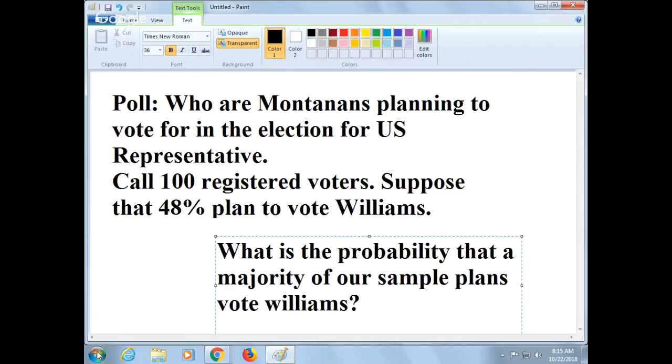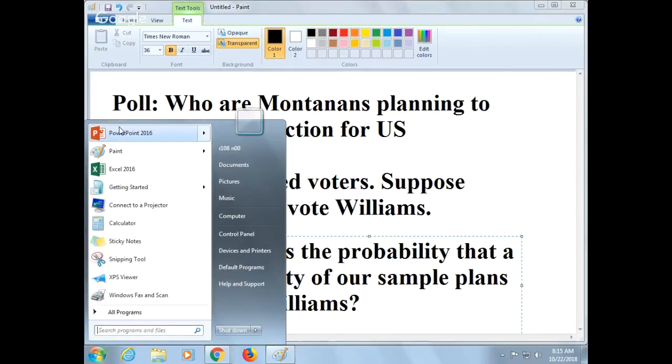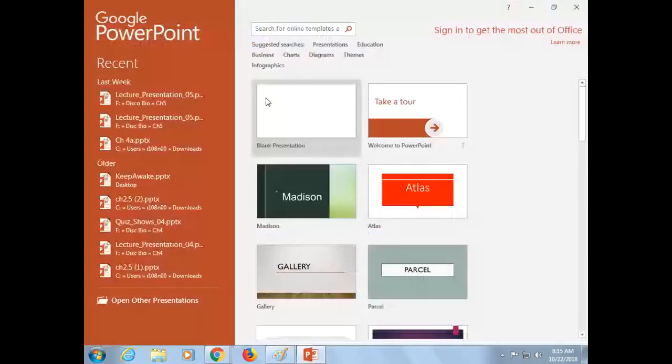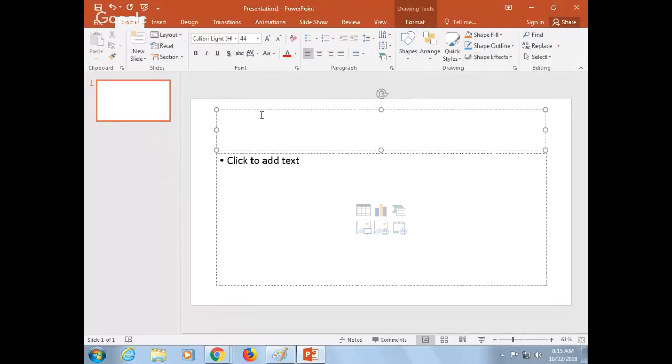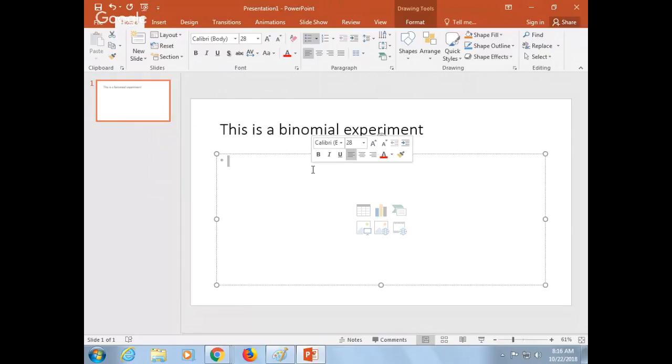Let's just get another thing up here to look at. So this is a binomial experiment, actually. We have to define the binomial random variable. So this poll is what's called a binomial experiment.